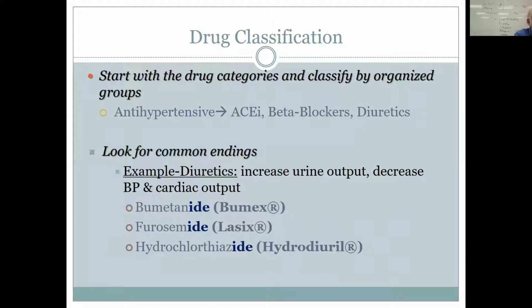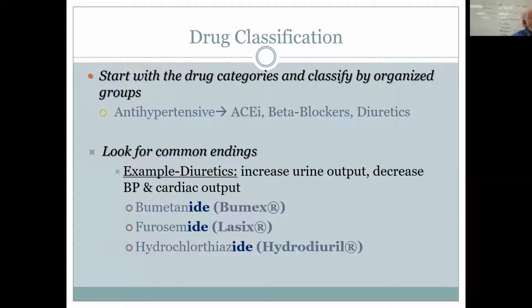So we have drugs that are grouped in basically families of drugs. If we look at drugs that lower blood pressure, antihypertensives, we have beta blockers, we have angiotensin converting enzyme inhibitors, we have angiotensin receptor blockers, we have diuretics, we have calcium channel blockers, all of which can be used to lower blood pressure, but they fall under the general family of antihypertensives.